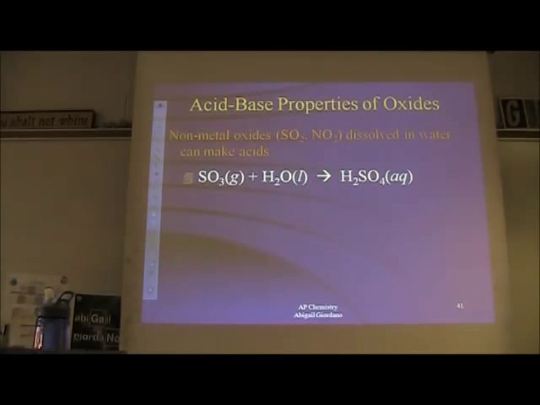Always. What's the type of reaction where you have one product? Synthesis. Don't overthink this, ladies and gentlemen. It's not as hard as it looks. Whatever the subscript is for the oxygen in your nonmetal oxide, on the other side, it's going to be one more.